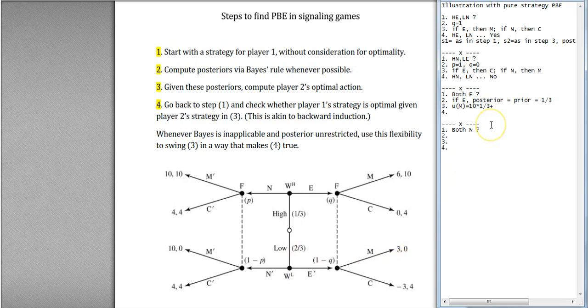So plus 0 times probability 2/3, and that expected value then is going to be 10/3. Okay, so that's the expected utility of making the job applicant a manager if you observe that he or she is educated. On the other hand, what's the expected utility to the firm of making that job applicant a clerk? Let's figure that out. U of C, so the firm gets 4 either way. Okay, and so the expected value there is 4. Which one is best?